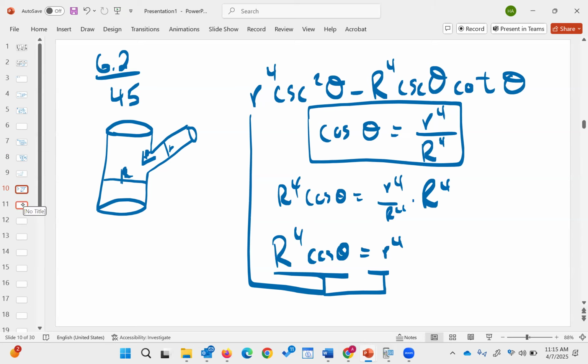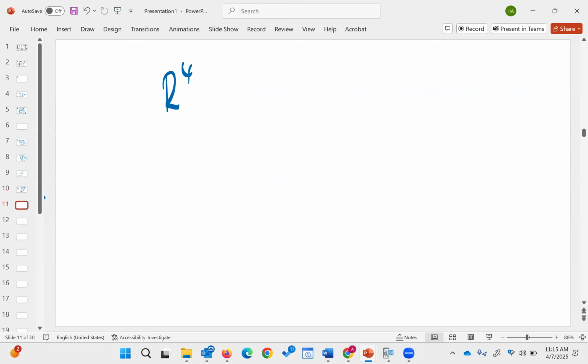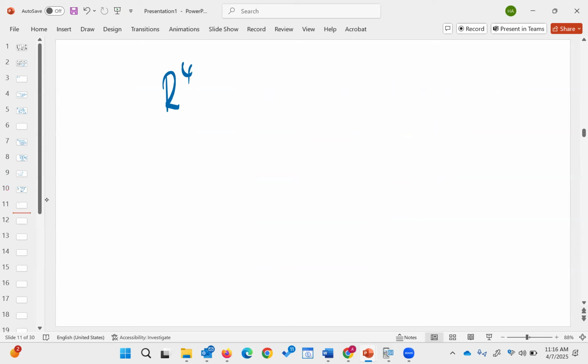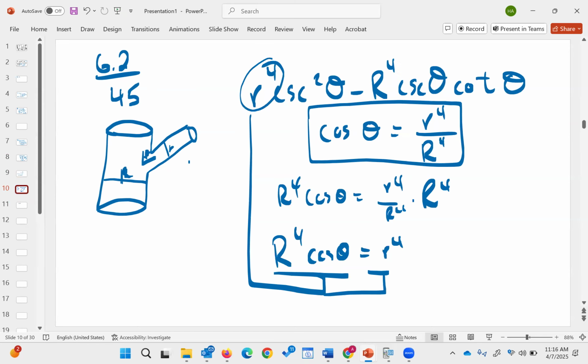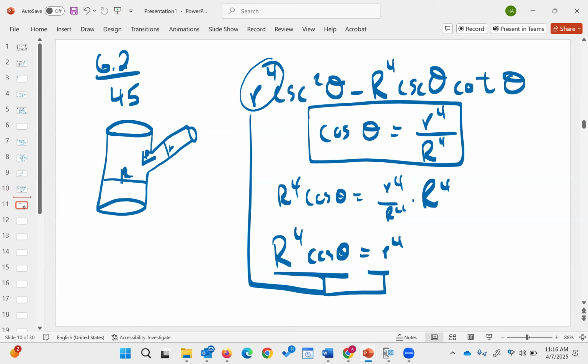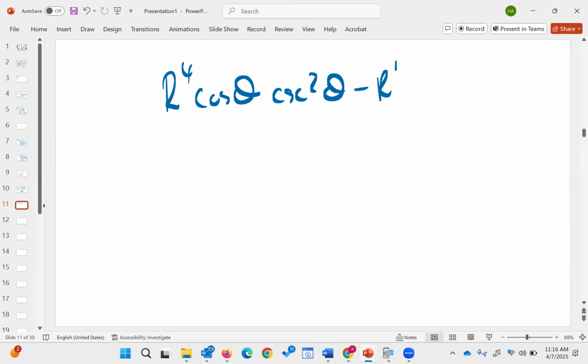This little piece right here, we substitute big R to the 4th cosine theta. We're looking at a minute left here, so I'm going to try to finish this off. Boom. And we got ourselves big R, cosecant theta, cotangent theta. There it is.